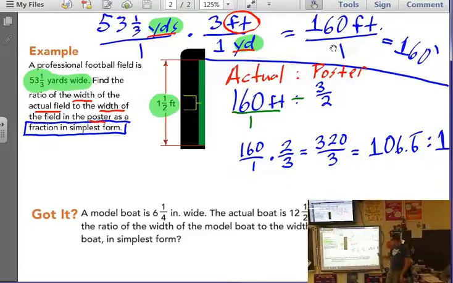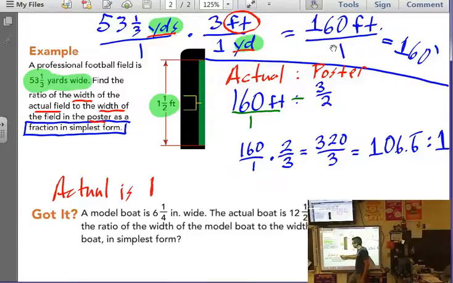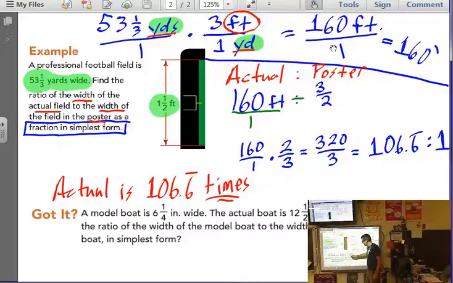So what this is telling me is the actual field is 106.6 repeating times the poster. Wait, what poster?